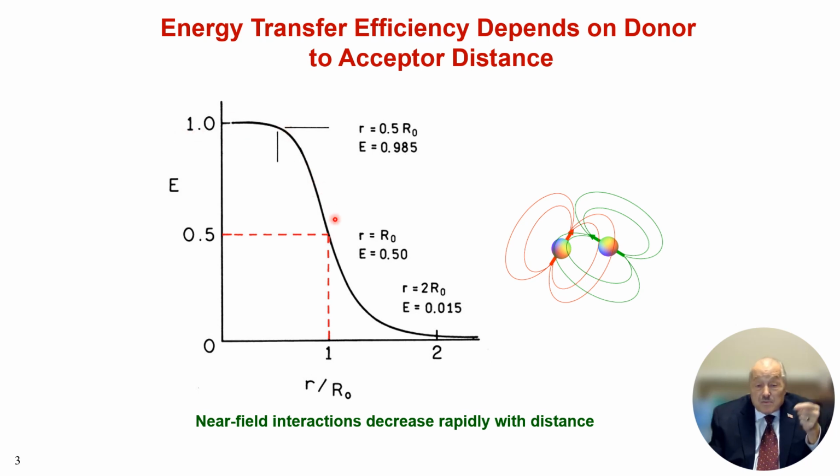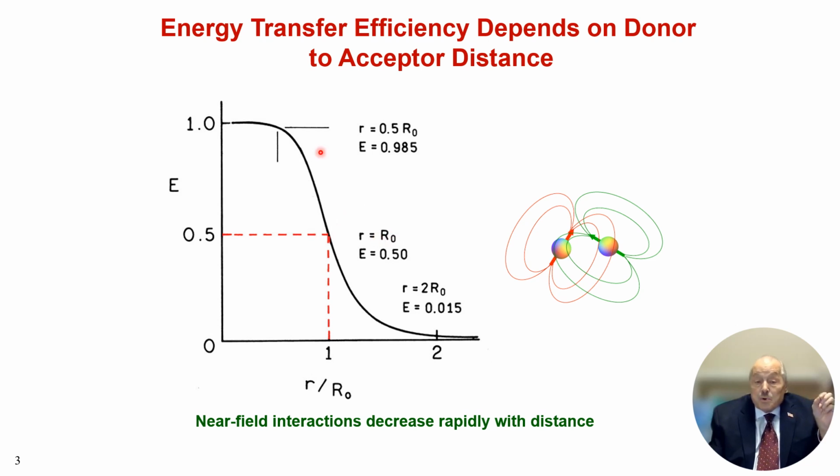That's a very steep distance dependence. So at short distances, the energy transfer is complete. There's a central value called the Förster distance. That's the distance at which energy transfer is 50% complete.